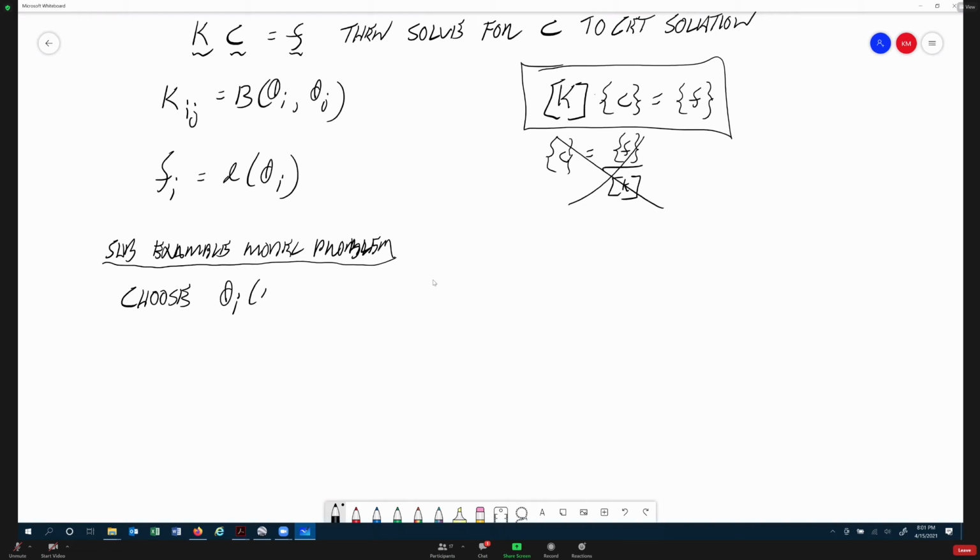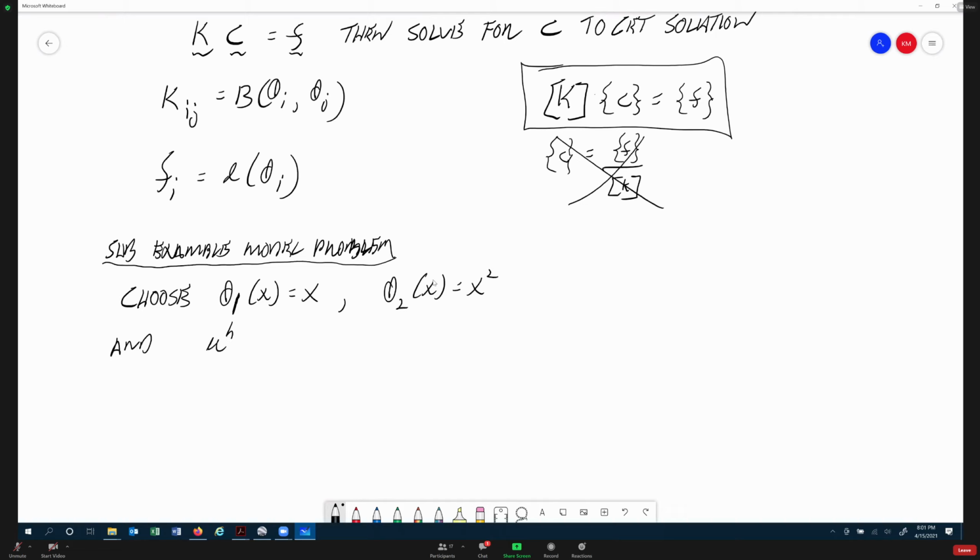So I'm choosing this phi 1 of x is equal to x, and phi 2 of x is equal to x squared. I'm just making something up here because I want to show you what this K matrix can look like, to hopefully give you the aha moment.